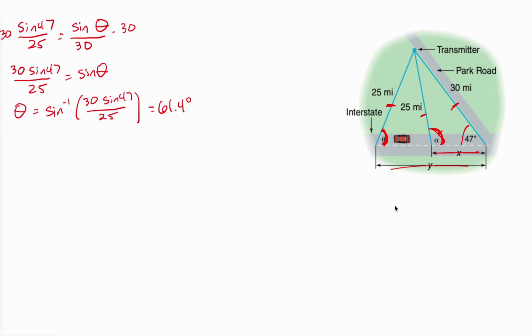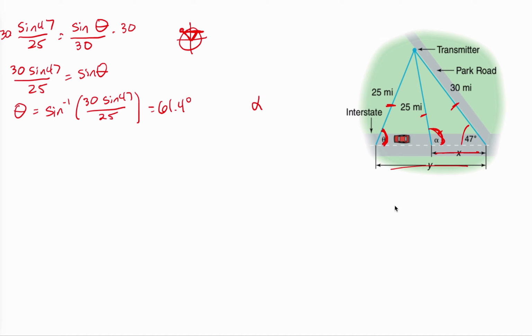Okay? Now, right, again, on our unit circle, there's some angle 61.4 degrees, but there's also an obtuse angle with that same sine that's going to be 180 minus 61.4.